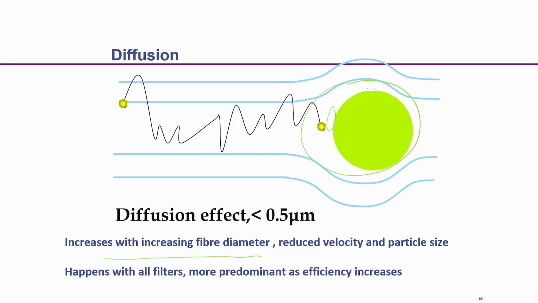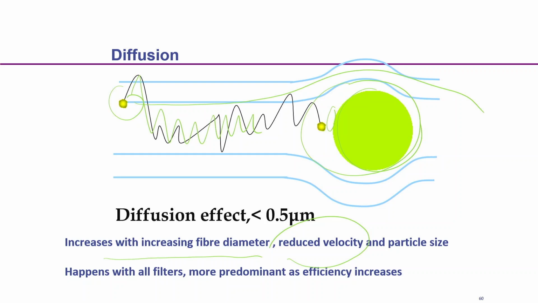So, the higher the fiber diameter, the more will be the chance of getting settled on the fiber surface, and reduced velocity. If the velocity is increased, this particle will simply follow the air movement, air path, not the Brownian motion. Brownian motion will only happen if the air velocity is low.